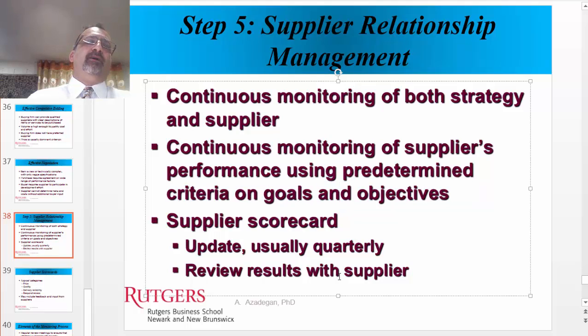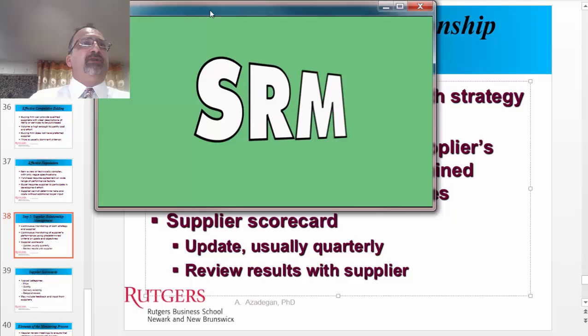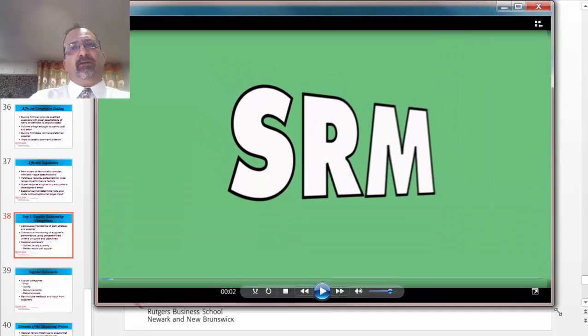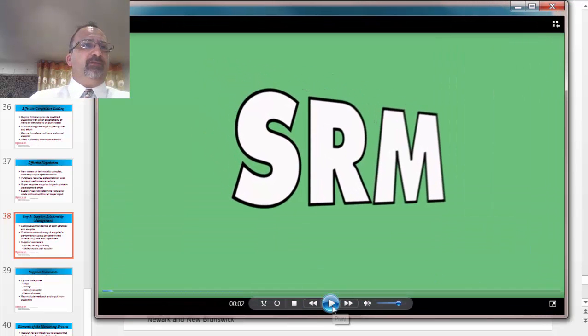And oftentimes firms use supplier scorecards for this purpose. But let me share with you a couple of good insights on SRM that could probably shed more light and detail rather than just the dry textbook.